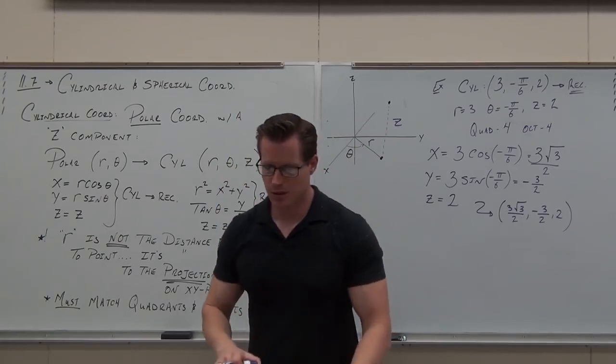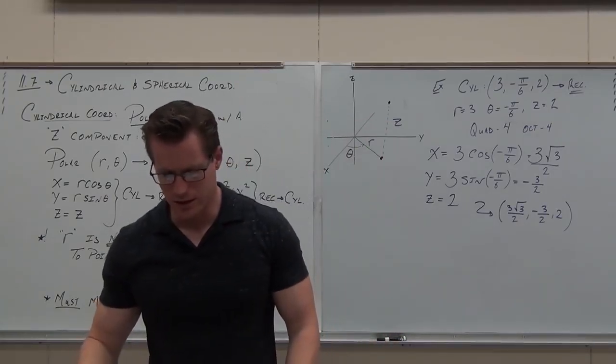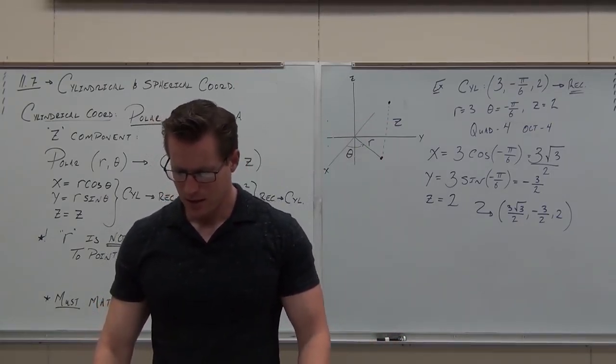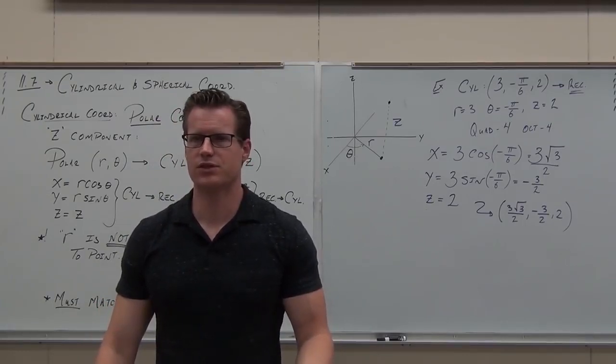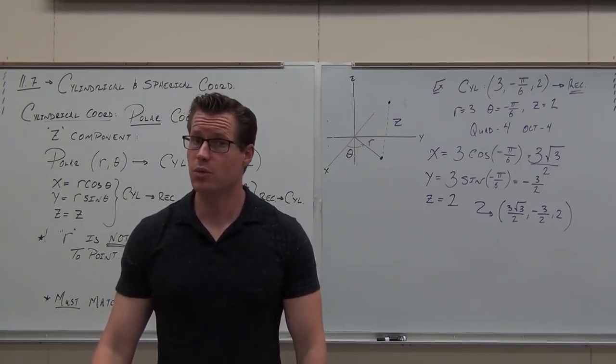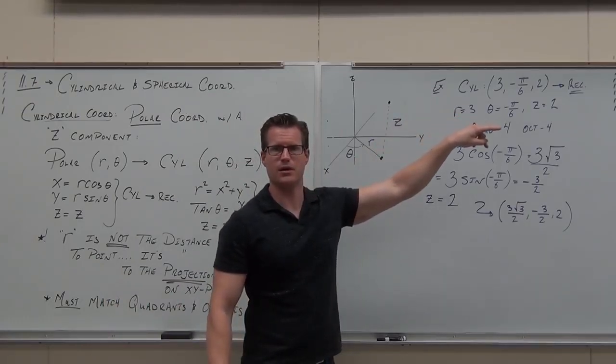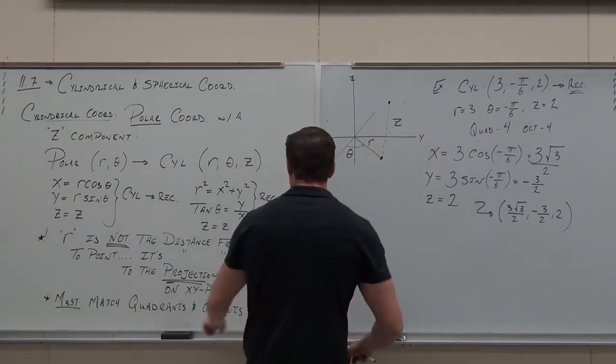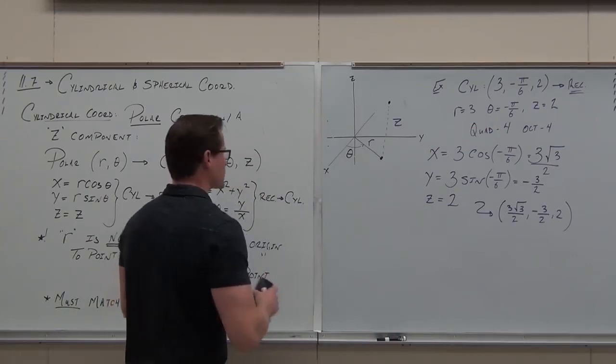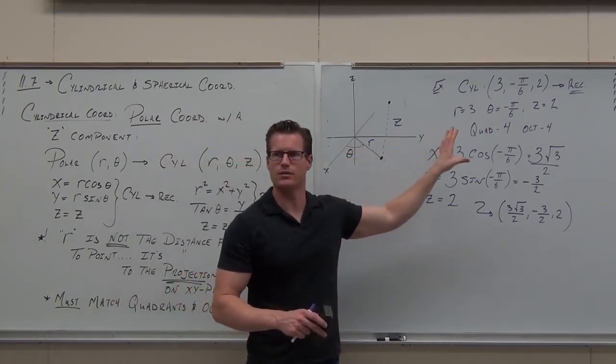That's the idea. Tell you what, we're going to move a little quickly here because that idea is exactly the same every single time. What I do want to do is go from rectangular to cylindrical. You guys ready to do that? So let's try that. Any questions at all? Because I'm going to work over here.